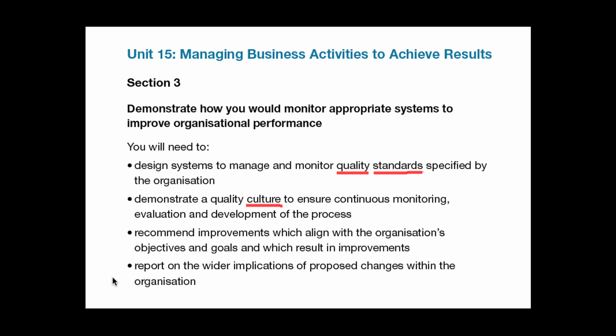The final bullet point is fairly self-explanatory. Just keep in mind that proposed changes are likely to affect people, and so managing expectations and effective people management in general is very likely to be an important consideration here.